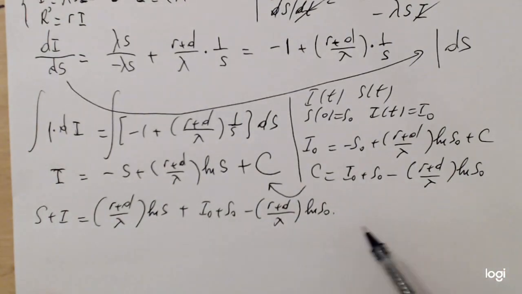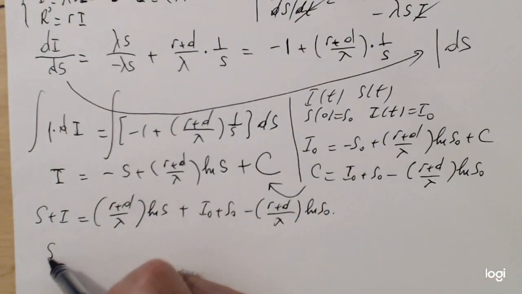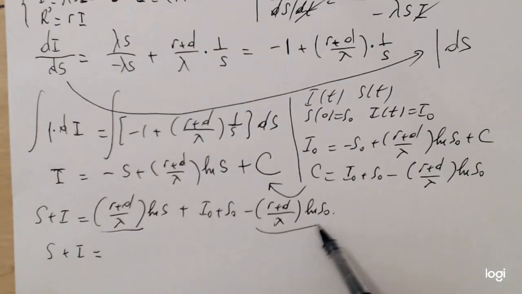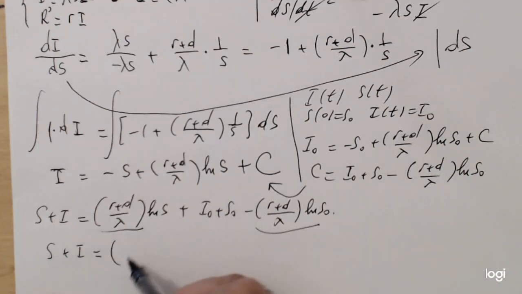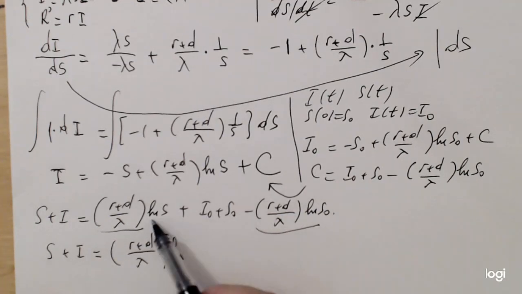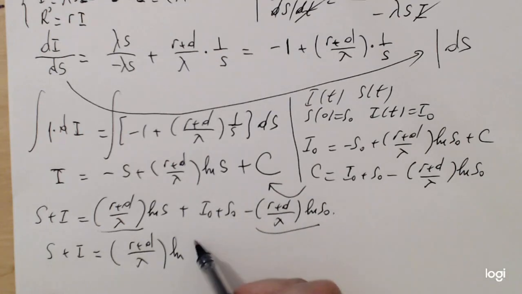And we're going to do a little bit more simplification here just to make it more compact. I can combine these two terms, pull out (r plus d) over lambda, and then the difference of ln of S minus ln of S naught, we can write in a more compact form, ln of S over S naught.